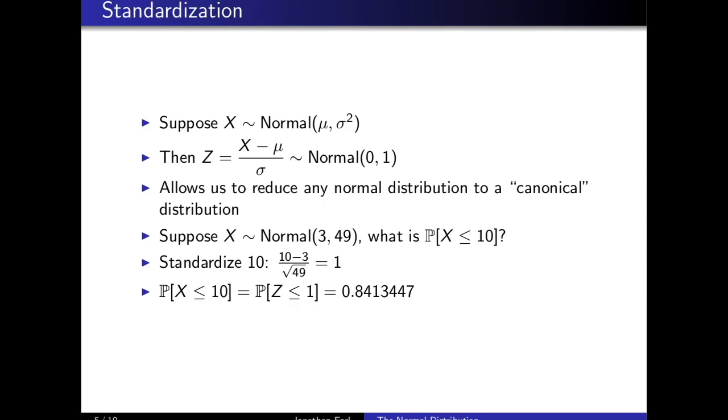So we'll take 10, we'll subtract off the mean of 3, so we'll get 10 minus 3 for 7, and then we'll divide by the square root of our variance. So we'll divide by the standard deviation, which in this case is nicely 7. We could think about 10 in the coordinates of our x random variable as 1 in the coordinates of our z random variable.